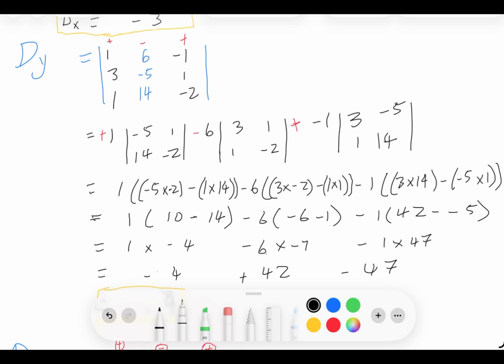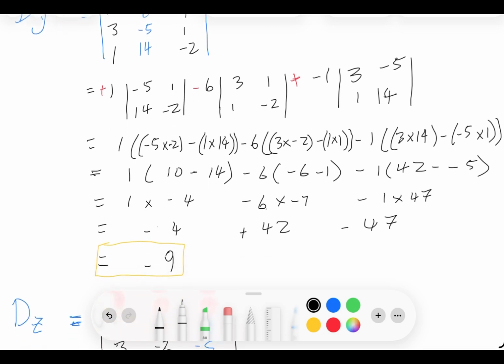That will be equal to 1 times in brackets, 10 minus 14, minus 6 times in brackets, negative 6 minus 1, minus 1 times in brackets, 42 minus negative 5. It's going to be equal to 1 times negative 4 minus 6 times negative 7 minus 1 times 47. That becomes equal to negative 4 plus 42 minus 47. So now dy is equal to -9. dy equals -9.